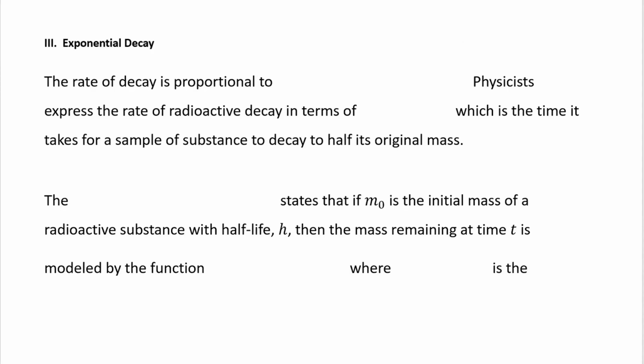Roman numeral 3, exponential decay. The rate of decay is proportional to the mass of the substance. Physicists express the rate of radioactive decay in terms of half-life, which is the time it takes for a sample of substance to decay to half of its original mass.